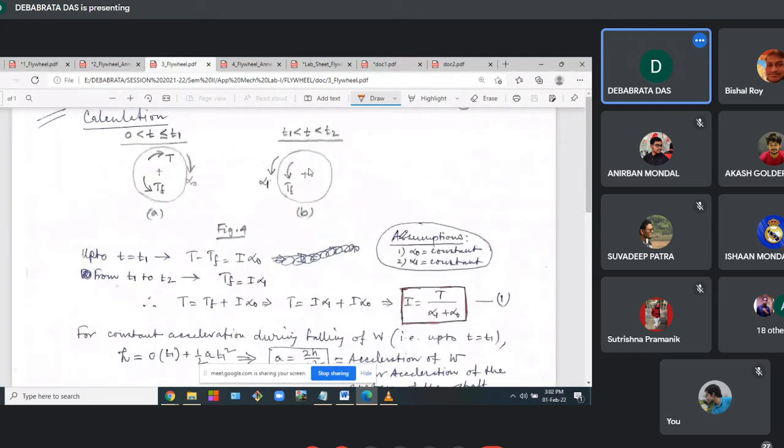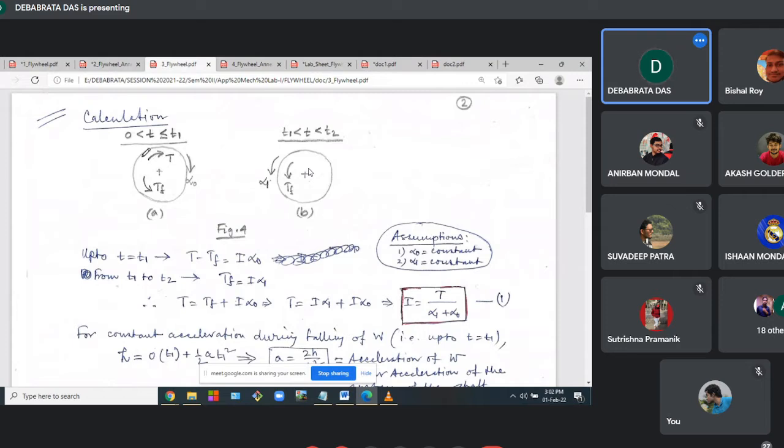So what is happening? From 0 to T1, that means till such time the weight hits the ground, what are the torques acting on the flywheel?